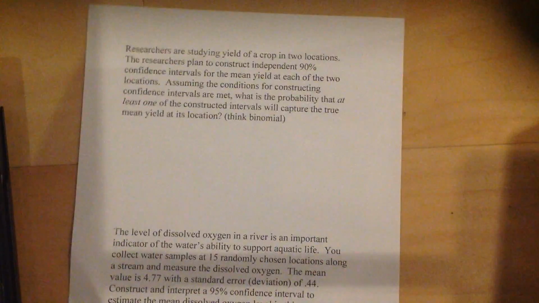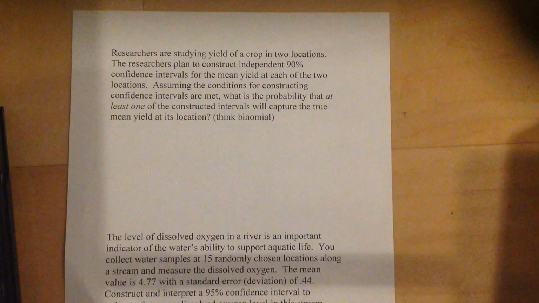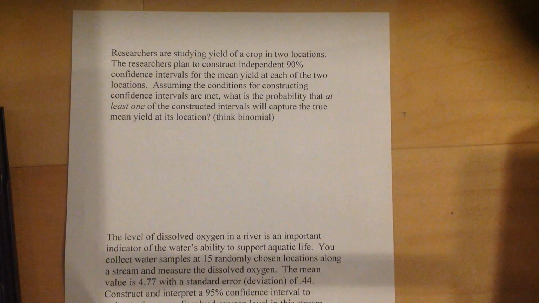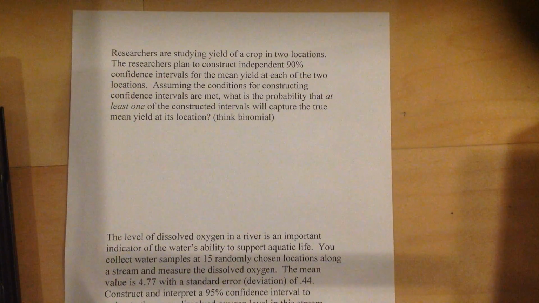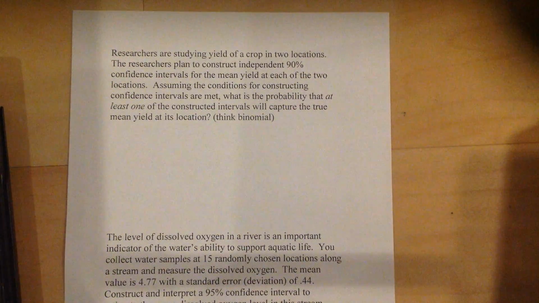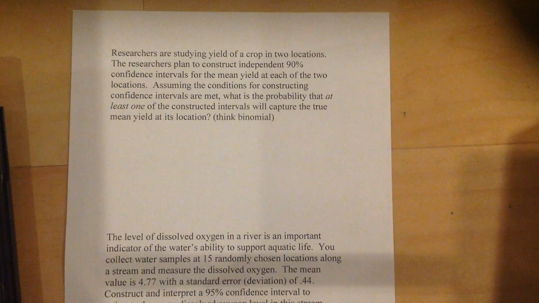All right, researchers are studying yield of a crop in 2 locations. The researchers plan to construct a 90% confidence interval for the mean yield at each of the 2 locations. Assuming the conditions for constructing confidence intervals are met, what is the probability that at least one of the constructed intervals will capture the true mean yield at its location?